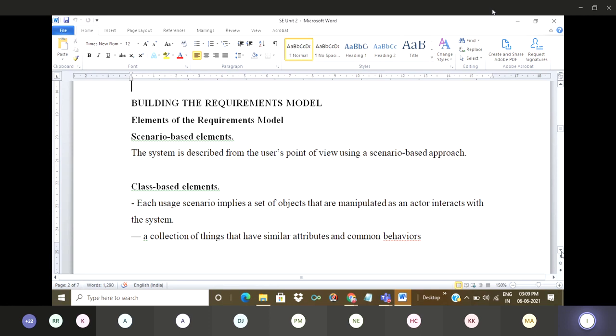Second is class-based elements. Each usage scenario implies a set of objects that are manipulated as an actor interacts with the system, and a collection of things that have similar attributes and common behavior.